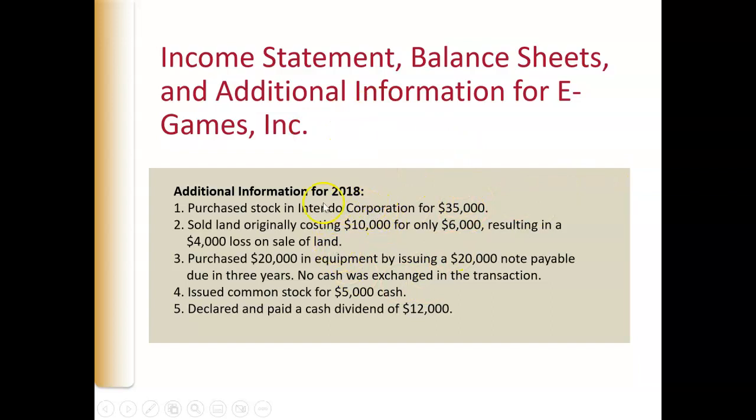But guys, when we sold the land, that's investing, isn't it? When we purchased $20,000 in equipment by issuing $20,000 note payable due in 3 years, no cash was exchanged. What do we do there? Nothing. Because it's telling us it was a non-cash event. Okay?